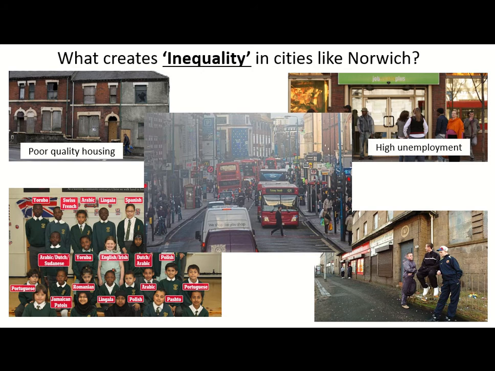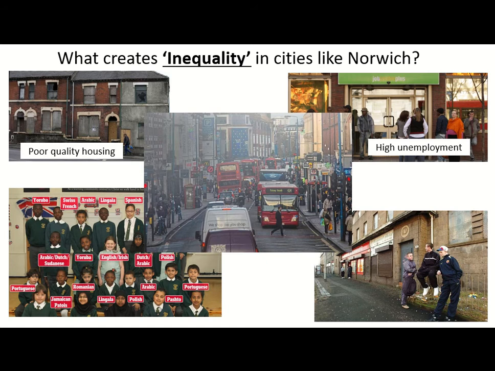A large portion of chips will cost you a couple of quid. Whereas if you want to have a nice plate of lovely nutritious vegetables, or good quality meat or fish, or all the other things that go into a well balanced nutritious diet, that will keep you healthier. Obviously, you're paying more than £2 a person to do that, and so unemployment can have knock-on effects to health because of what you can afford to buy.